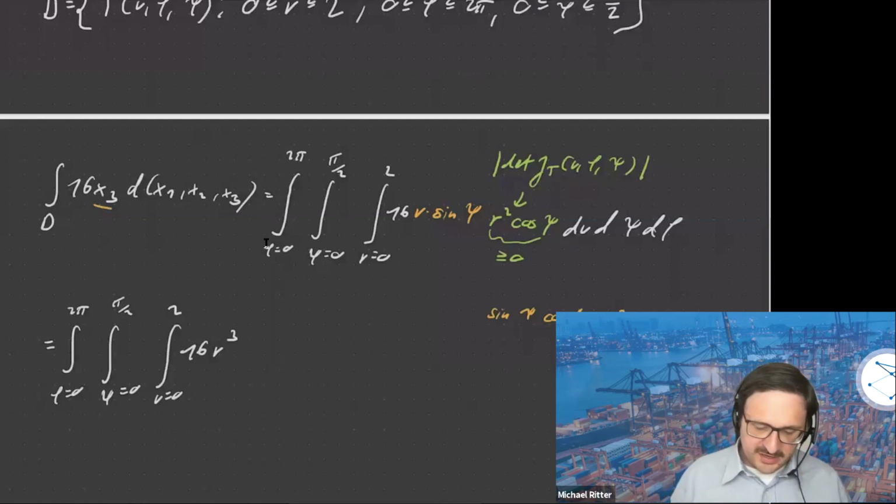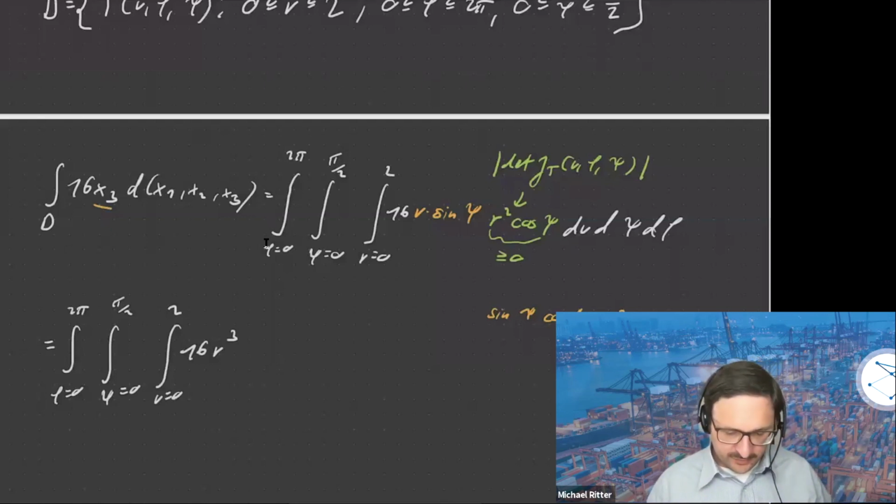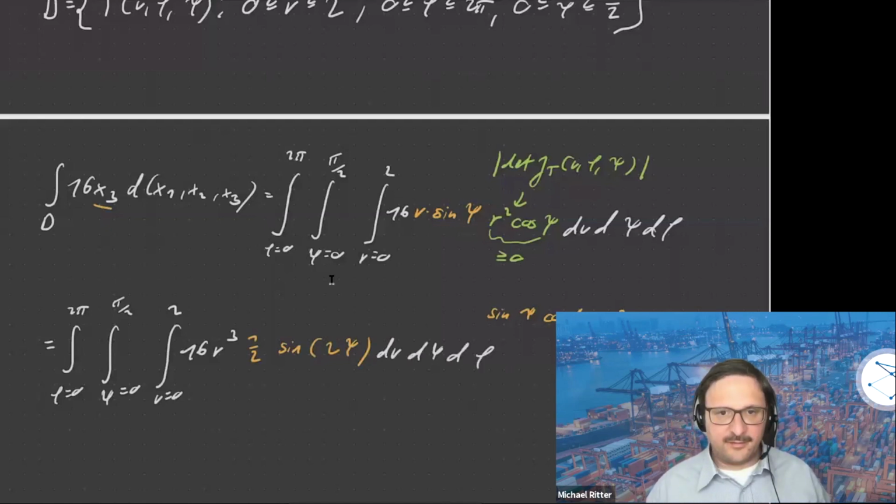So we can just make use of that for the integration if you want to. We have sine psi, cosine psi here, so using that, that would be the same as 1 over 2 sine of 2 psi. And again, we integrate dr, d psi, d phi.